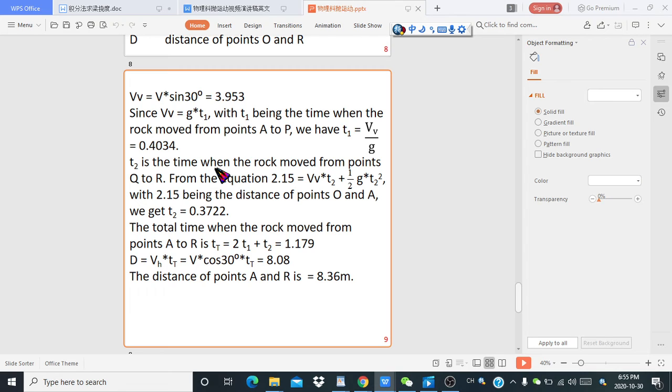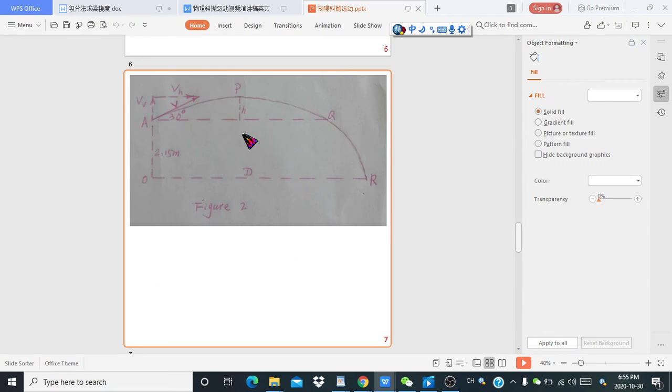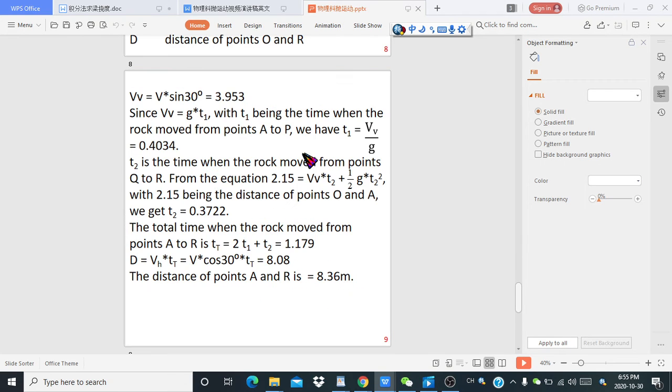Again, considering the vertical component of the motion from point Q to R, we have this equation.